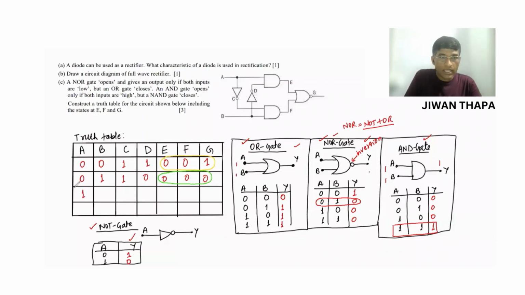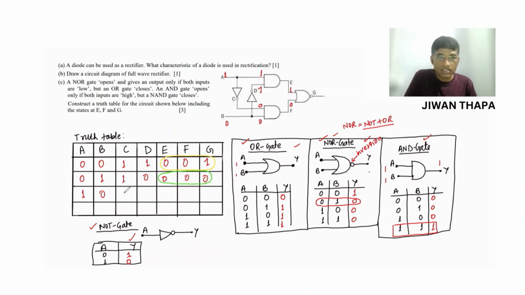A is 1, B is 0. Now A is 1, high, and B is low, that is 0. So we have 0 over here. Now we have 1. So this high on passing through this NOT gate will change into low, that is 0. Now this low, or 0, on passing through this NOT gate will change into high. Now for this AND gate, E is high. Now for this AND gate, 0 0 gives 0. So what do we get?